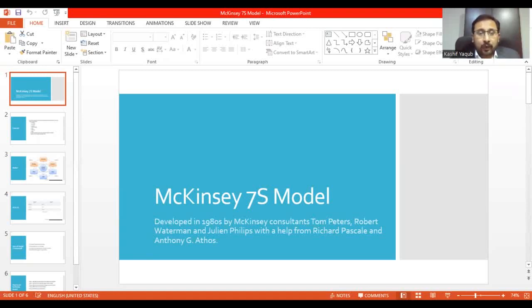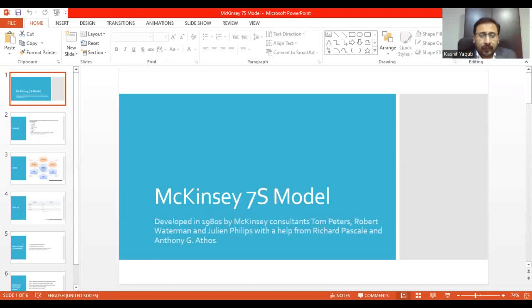The key point of the model is that all the seven areas are interconnected, and a change in one area requires change in the rest of the firm for it to function effectively.